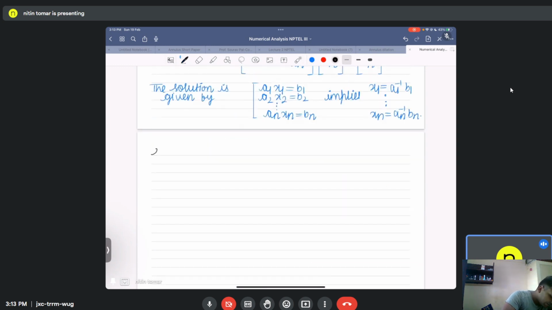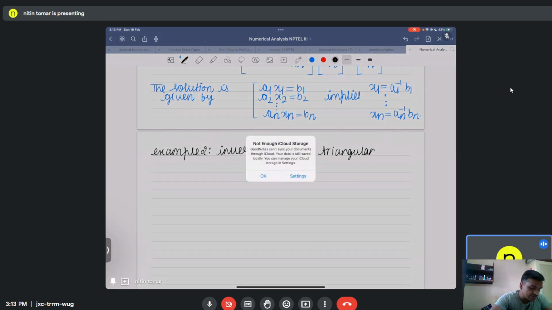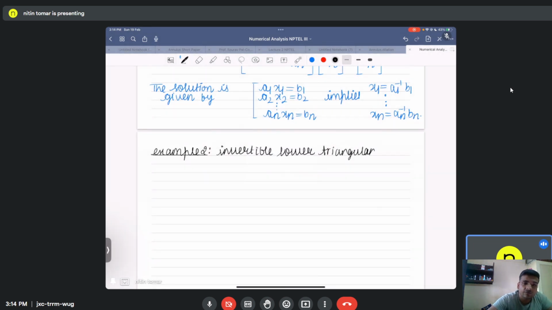Now, if you remember, one of the main goals of the Gauss elimination method is to obtain a triangular form, right? In the last step, we use the backward substitution and the forward substitution. Having this capital A in diagonal form is not very practical.